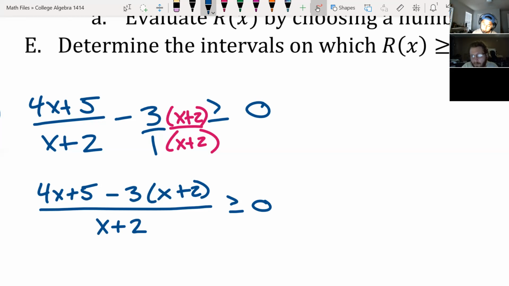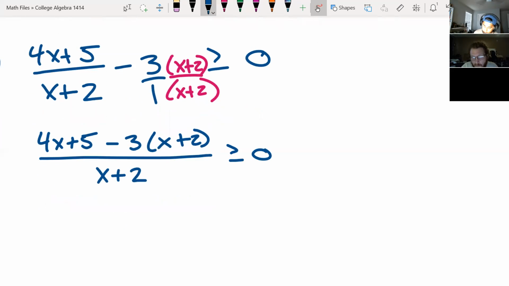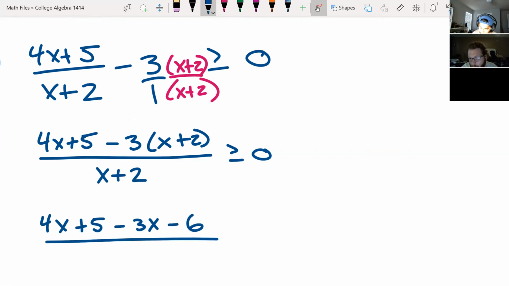The reason I put the numerator together is because we now have a common denominator. So what you're going to do next is distribute that -3: (4x + 5 - 3x - 6)/(x + 2) greater than or equal to 0.